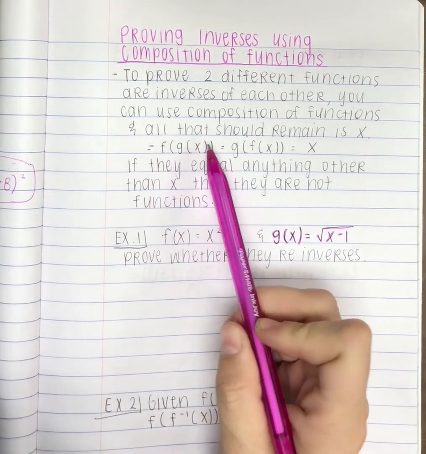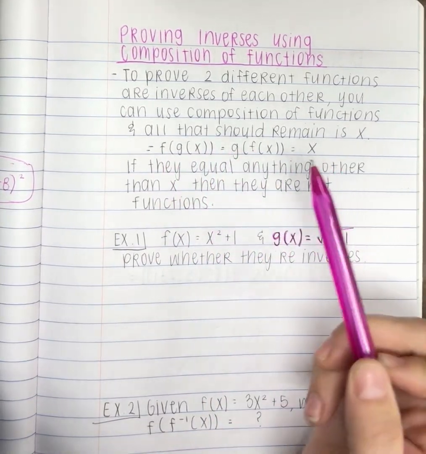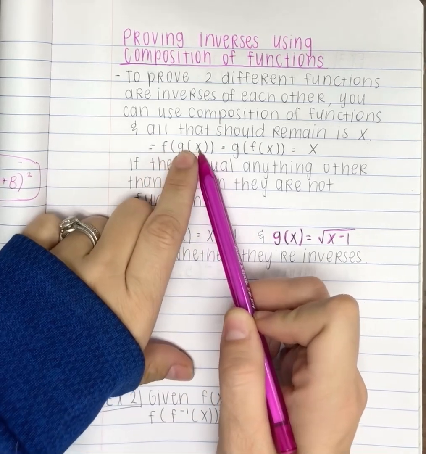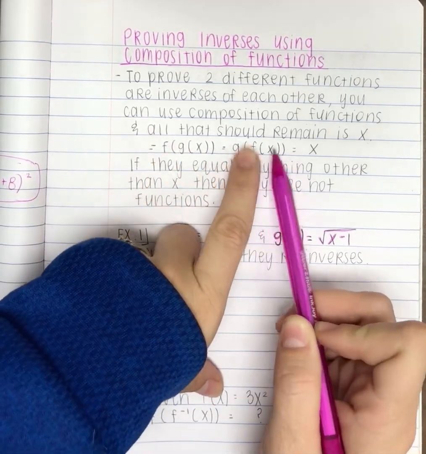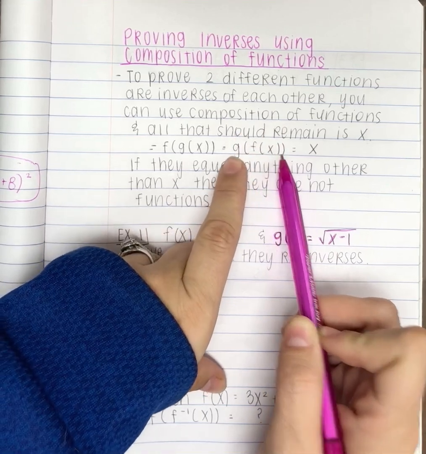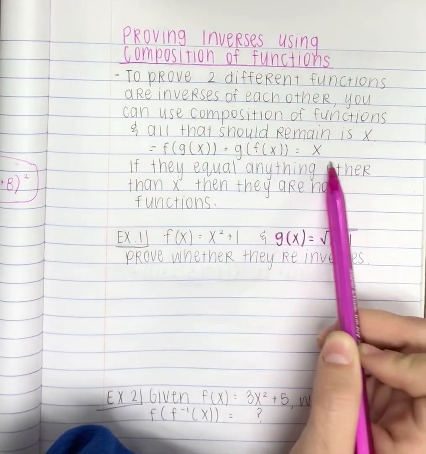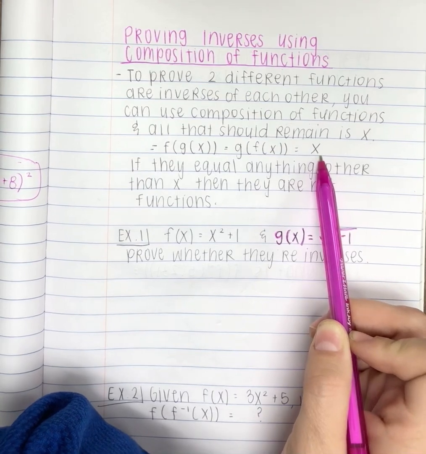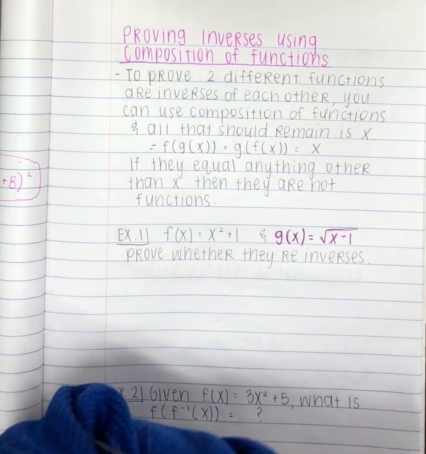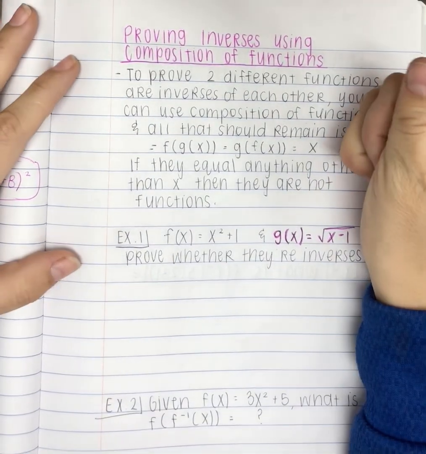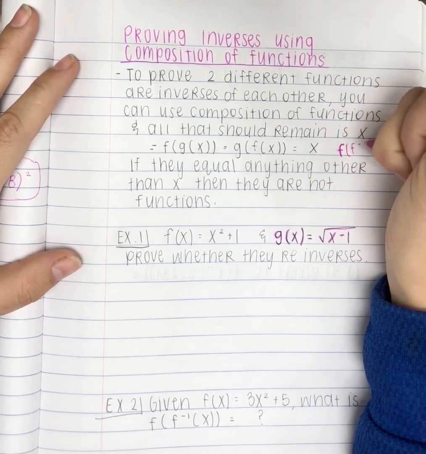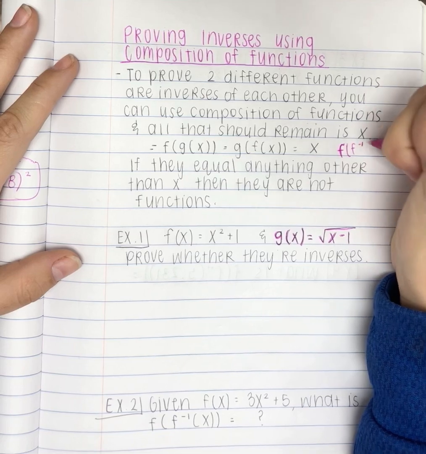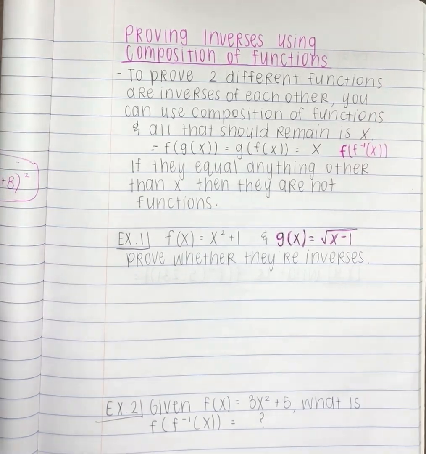So if the two functions are inverses, then when you put the function g inside the function f, or vice versa, the function f inside the function g, everything should cancel out, leaving you just x, okay? It's like if we had f of its inverse of x, right?